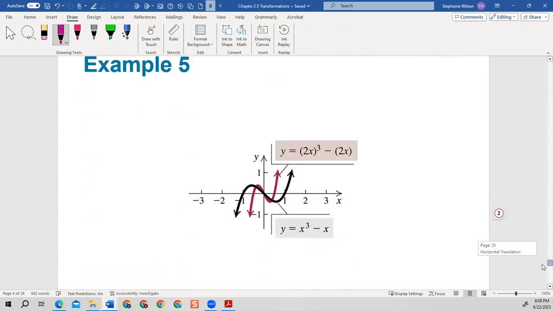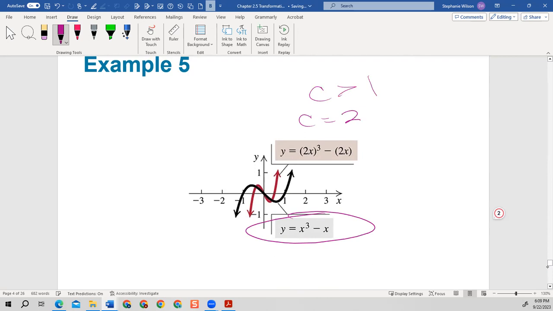Let's look at it. If you notice here, we have y equals x cubed minus x, and it's in black right here. Then we said, let's let C be 2. So we agree that C is greater than 1.